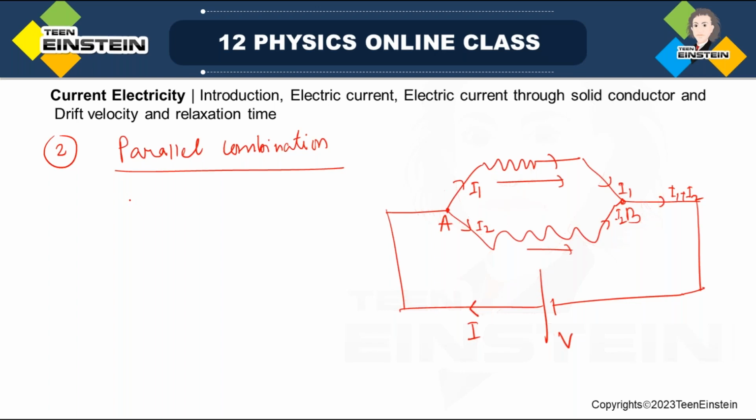So you can see that it is a current divider.